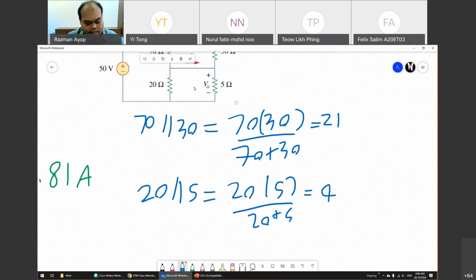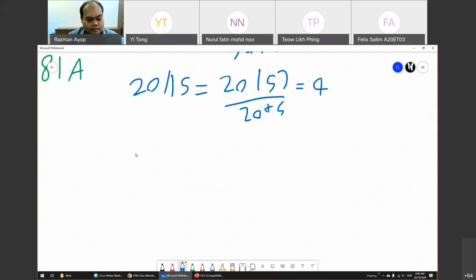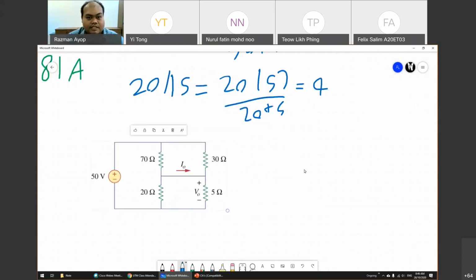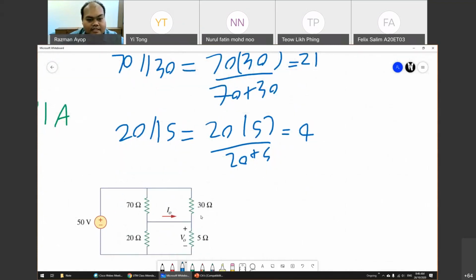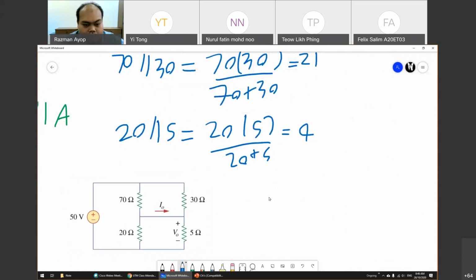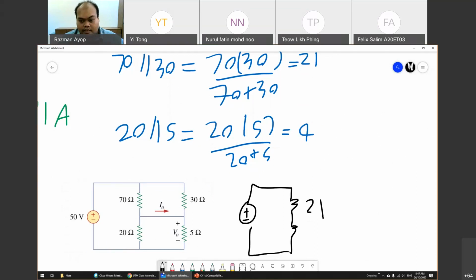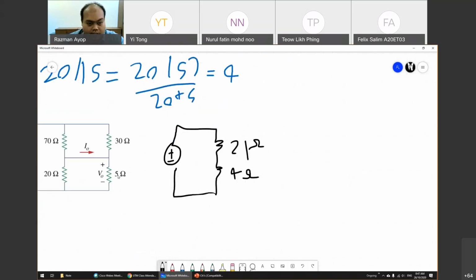So basically, you simplify this, and you get 21 and 4 ohms. From here, it becomes like this.